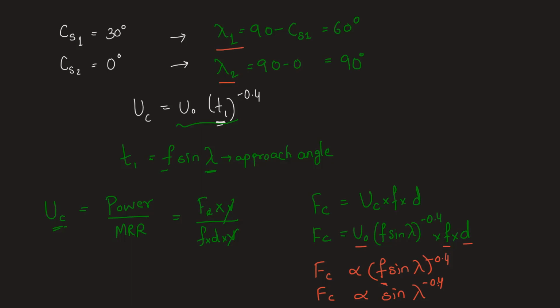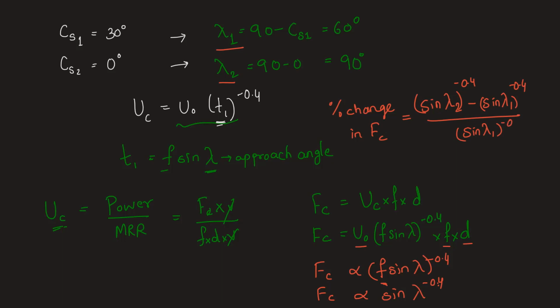Thereby, we can write the percentage change in the cutting force FC will be equal to FC2 minus FC1. So in place of FC2, we can write sine lambda 2 to the power minus 0.4 minus sine lambda 1 to the power minus 0.4, divided by sine lambda 1 to the power minus 0.4.